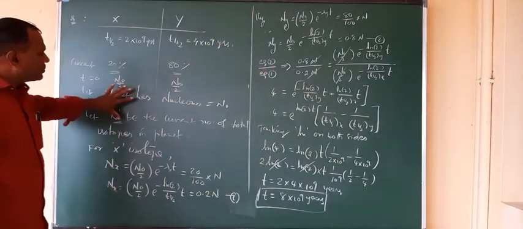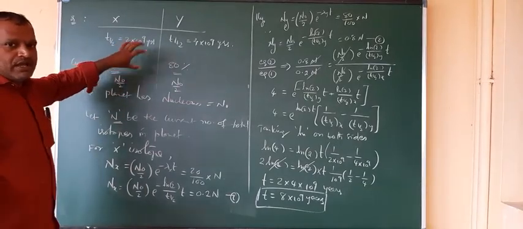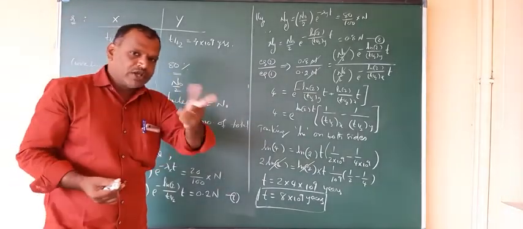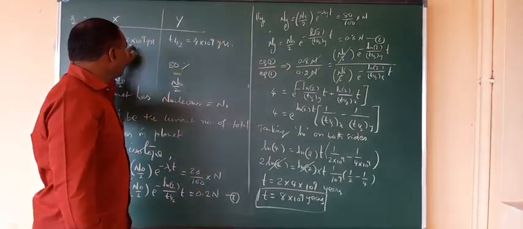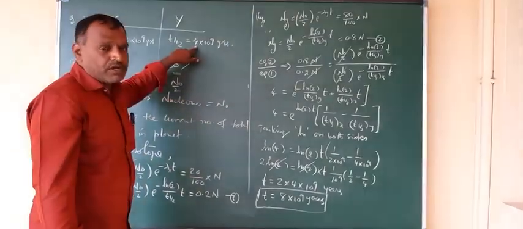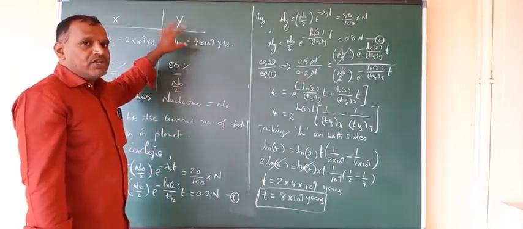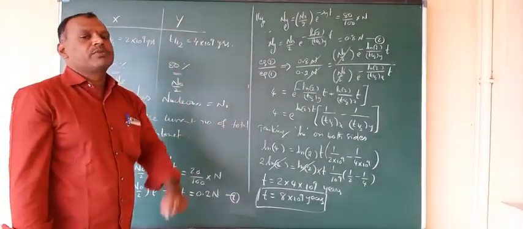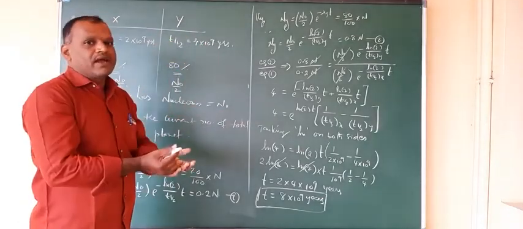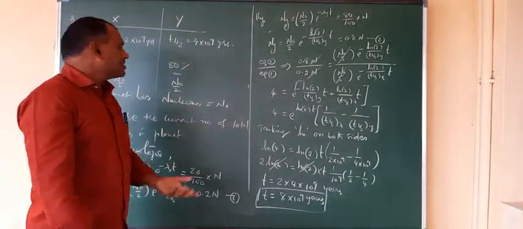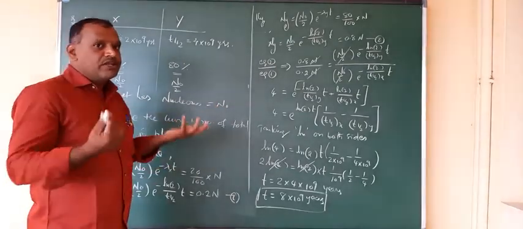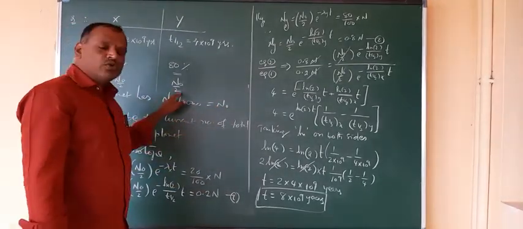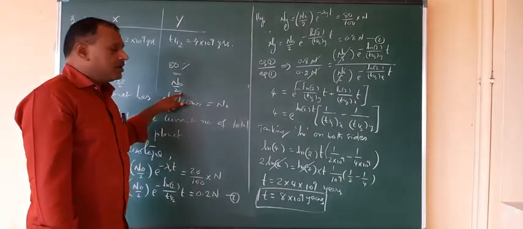The data initially given: a planet has two isotopes, X and Y, with half-lives of 2 into 10 power 9 and 4 into 10 power 9 years. Initially both have the same number of nuclei. The planet's total is taken as n0, distributed equally, so n0 by 2 each.